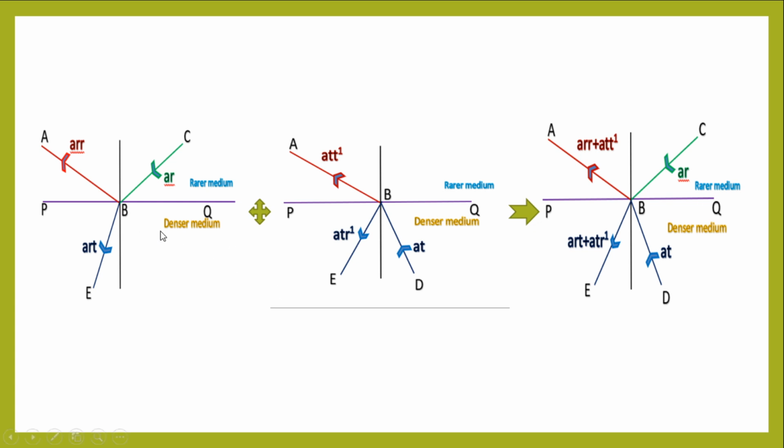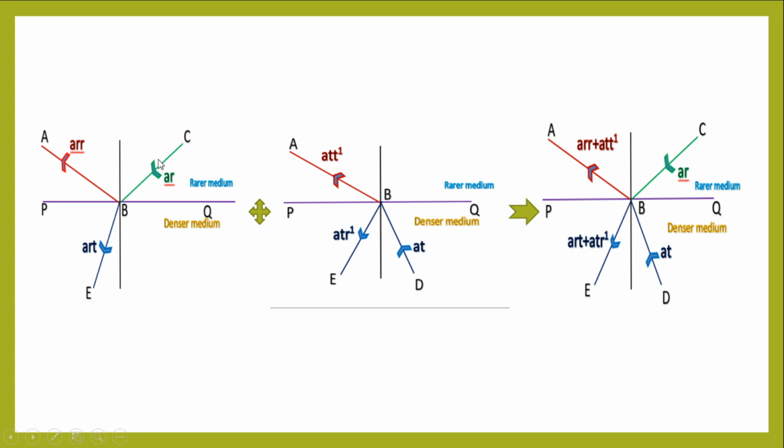I will combine these two. When the light BC is reversed, we are going to get this diagram. When light BD is reversed, we are going to get this particular diagram. Combining both the diagrams, we are going to get this diagram.